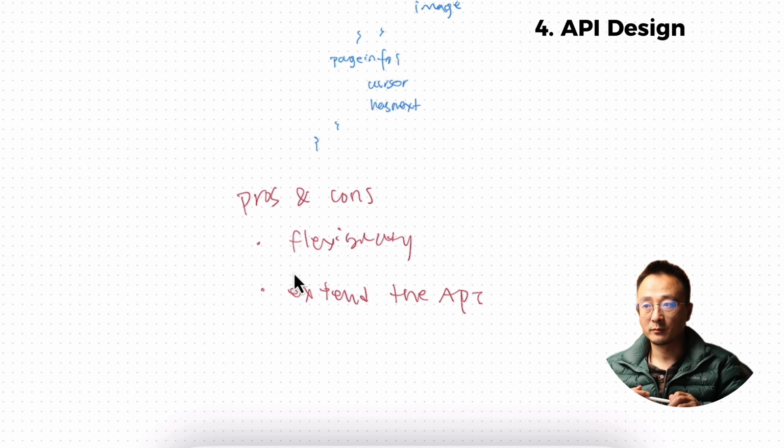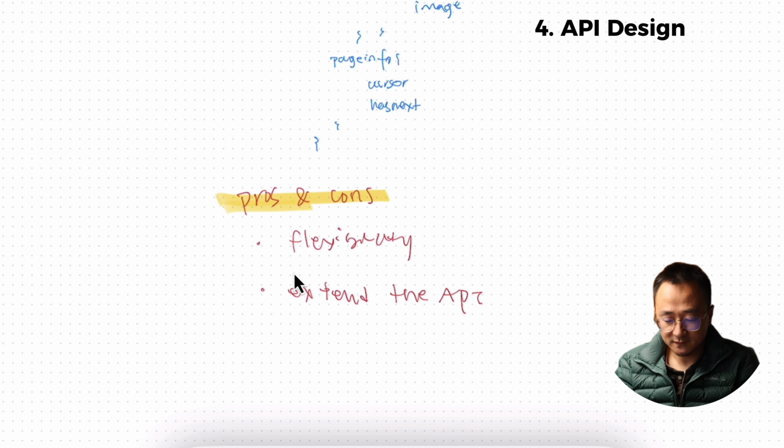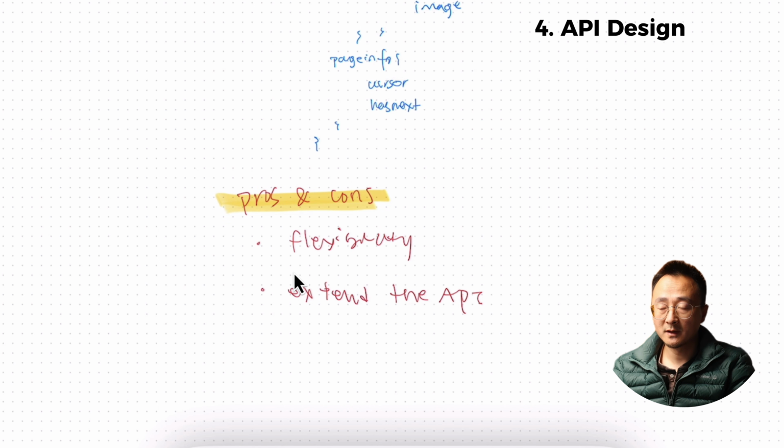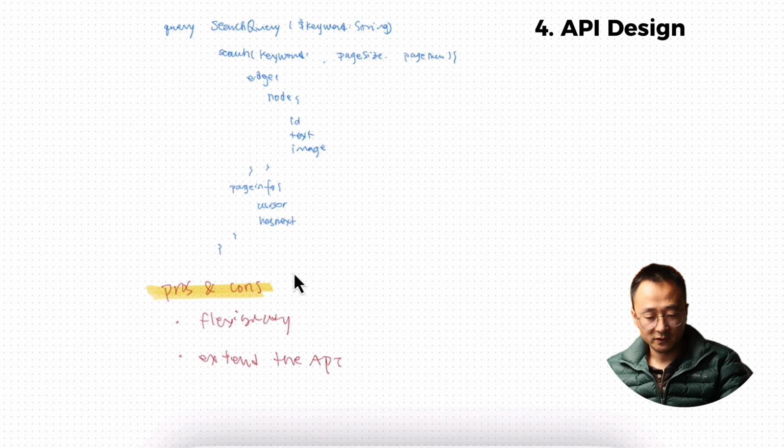And you probably will need to do some mutation as well, or change the backend, how easily can you do that with RESTful API compared to the GraphQL approach. So this is definitely something you want to talk about after you describe the basic usage of RESTful API and GraphQL. You need to list all the pros and cons. You can do some homework before you talk about each option.